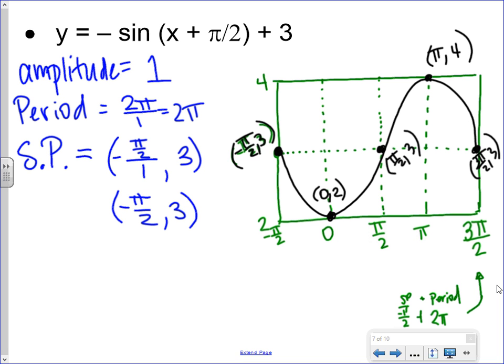Now, if you want to draw in the XY axis, just so you know where you are, we know this is the Y axis because X is 0 here, and then the X axis would be all the way down there. Okay, so that's where your curve is. If you need that visualization, feel free to draw in your X and Y axis, but I'm not going to require it. Okay. Any questions about this graph before we try another one?